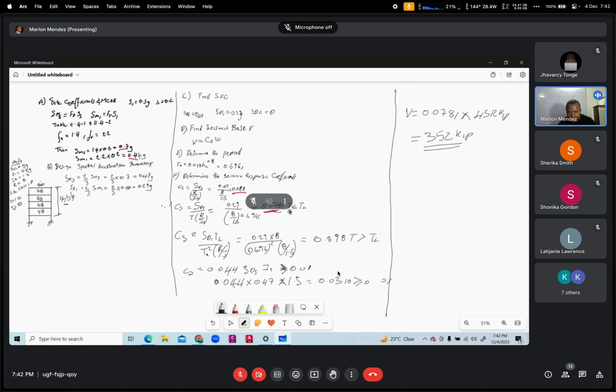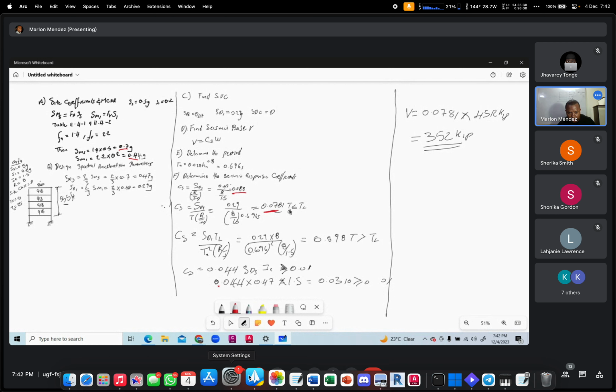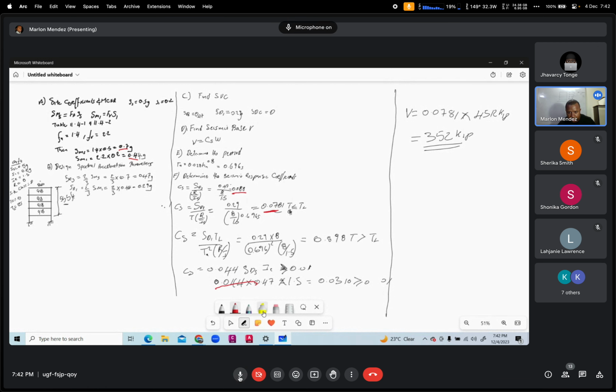The importance of this equation is to do a check to ensure that the values you have calculated above don't fall below this figure.